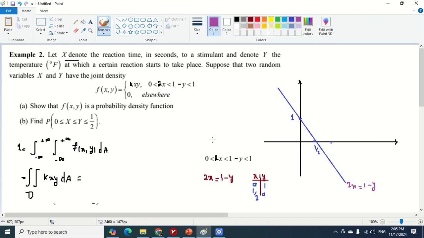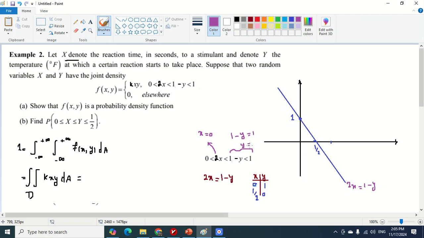Another thing that we can extract from the question is 2x equal to 0, or x equal to 0. Another one is that 1 minus y is equal to 1, and this leads us to another line, which is y equal to 0.